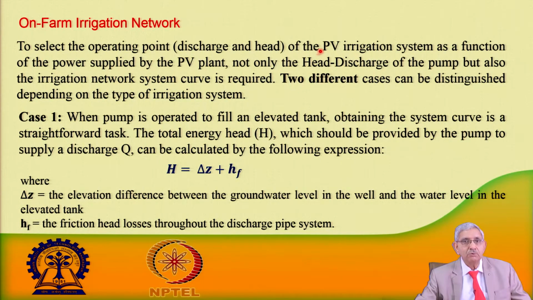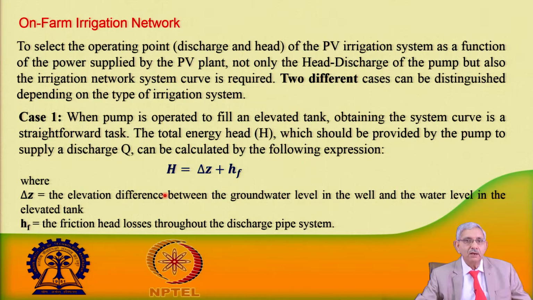Now, two different cases can be distinguished depending on the type of irrigation system we are using. Case 1 is when the pump is operated to fill a tank which is at a certain elevation. Here one can find the total head.